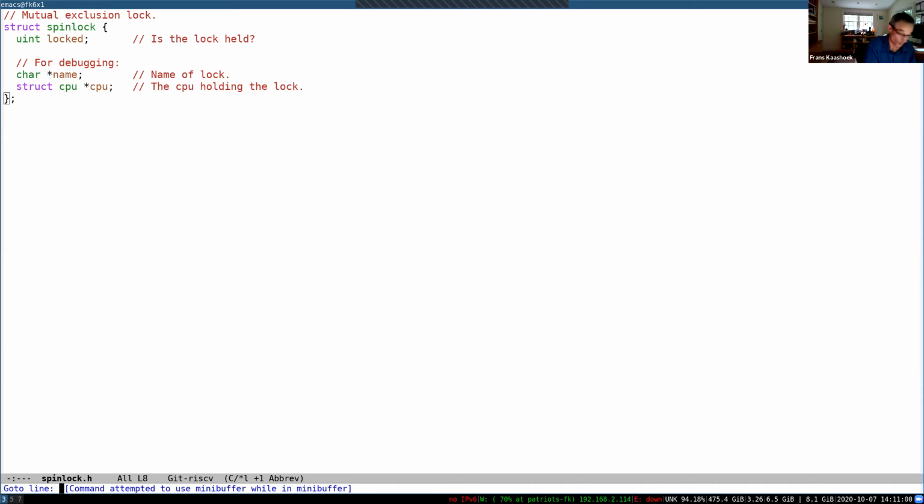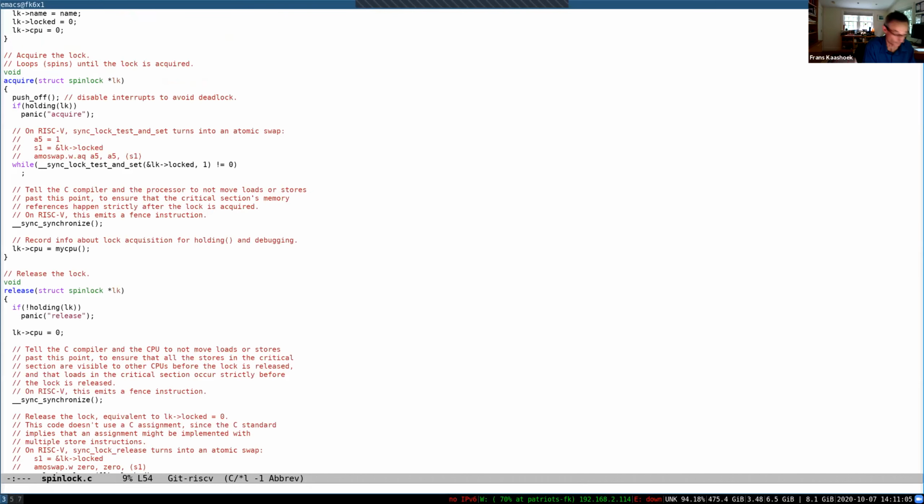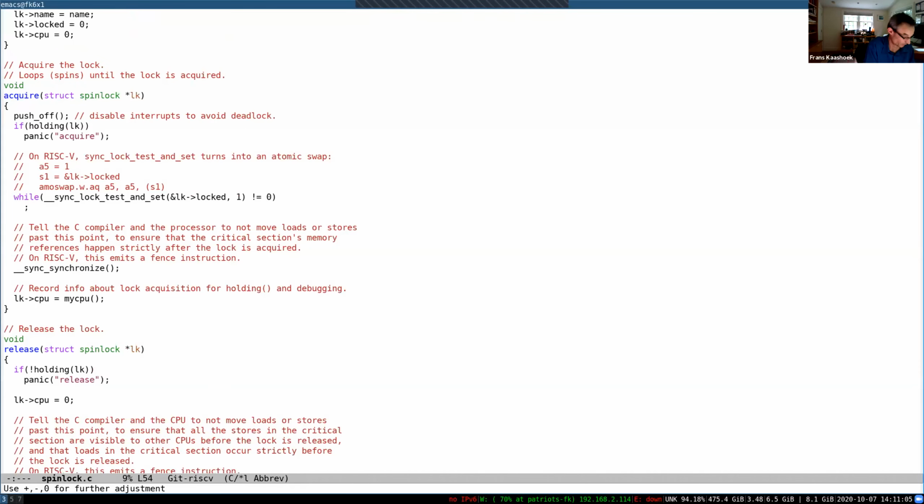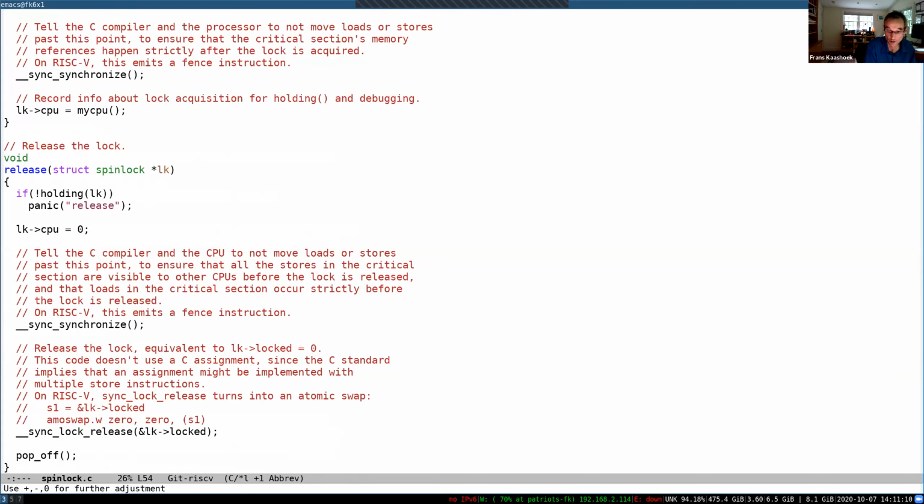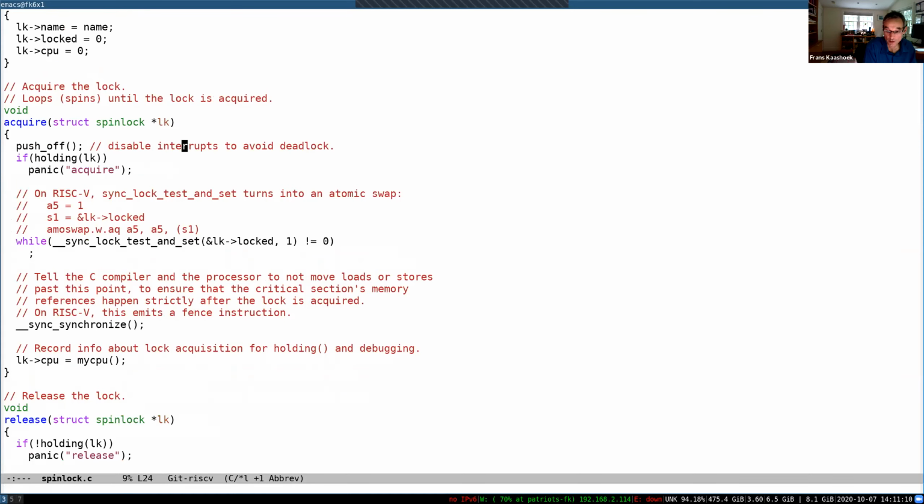Okay, so then let's look at the implementation. Let's start out with acquire, and let's first look at this loop. This is the test and set loop that I just talked about. It turns out that the C standard actually defines one of these atomic operations.